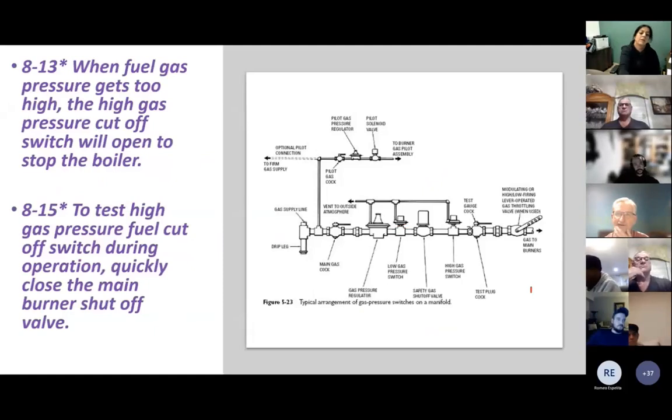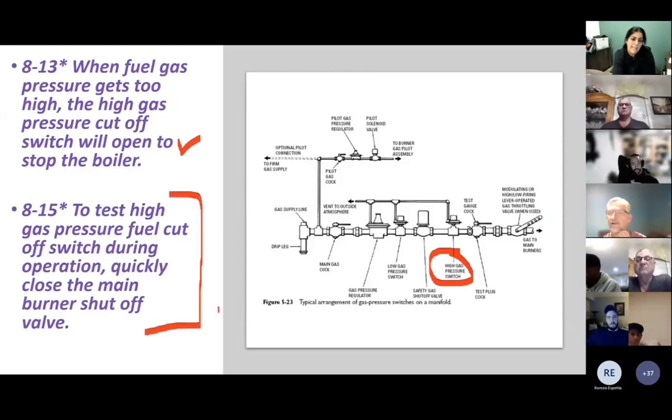Fuel gas pressure gets too high, the high gas pressure cutoff. High gas pressure switch will open a switch to stop the boiler. To test the high gas pressure cutoff, quickly close that main gas valve.